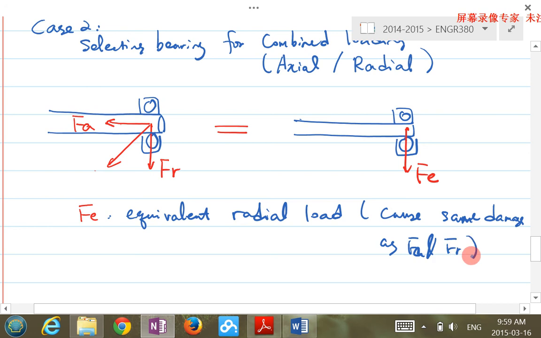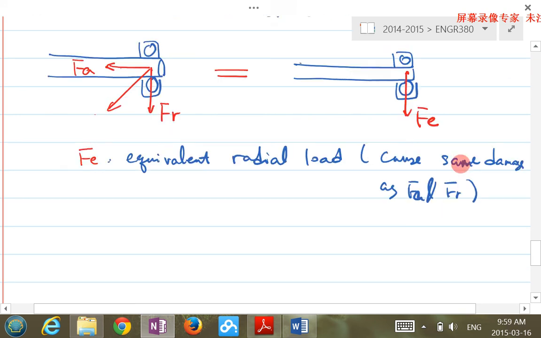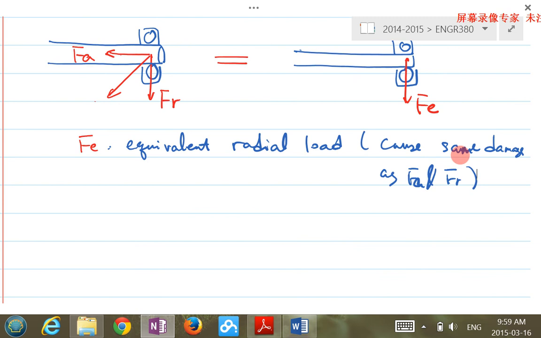Okay, yeah. Then we can make use of that load and life equation for bearing selection. So the question is, how can we calculate an equivalent Fe based on this Fa and Fr? Yeah, that's the idea. Here is the formula, based not really on theory, but I think on empirical equations.